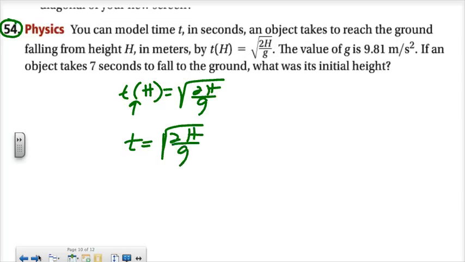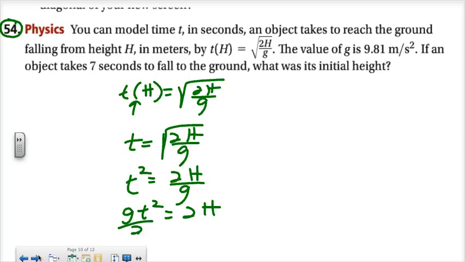So first thing we would do is square both sides and get t squared equals 2h over g. Then we'd multiply both sides by g, and finally divide both sides by 2. And that will get us the height.